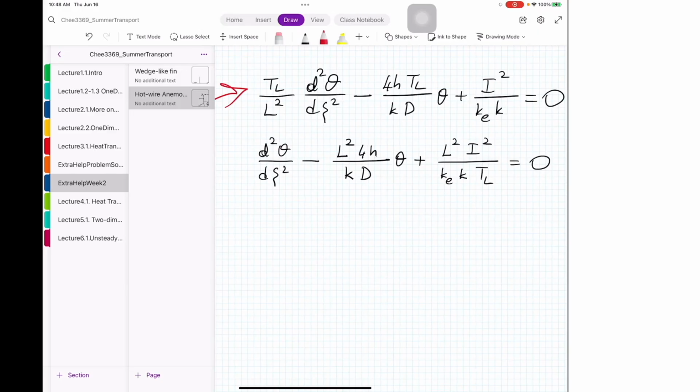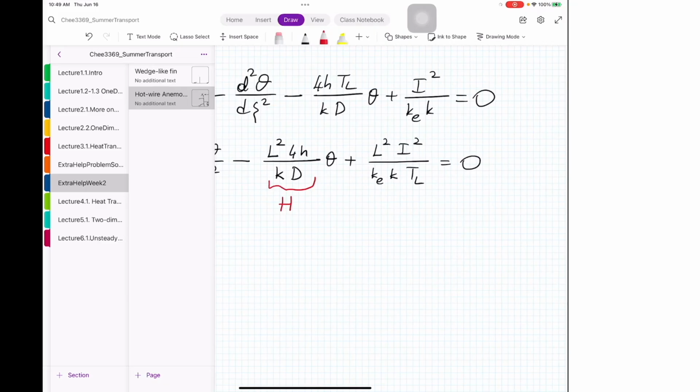Now, this is dimensionless. Since this is dimensionless, this entire thing must be dimensionless. Similarly, this entire thing is dimensionless. You can check the non-dimensionality of those constants too. So let's call this, for example, H, like a dimensionless number. And this one, another dimensionless number which corresponds to the heat generation rate, let's call it J.